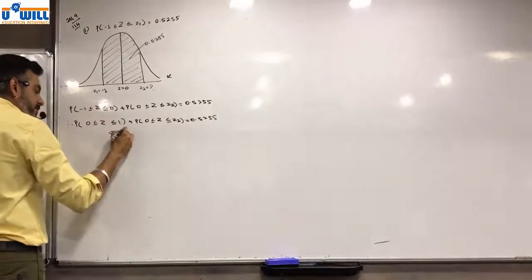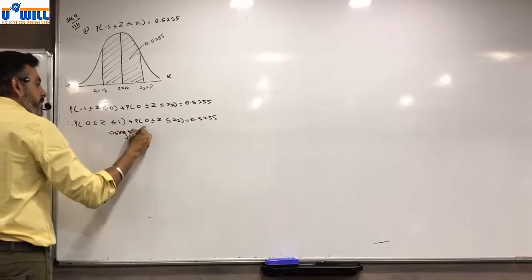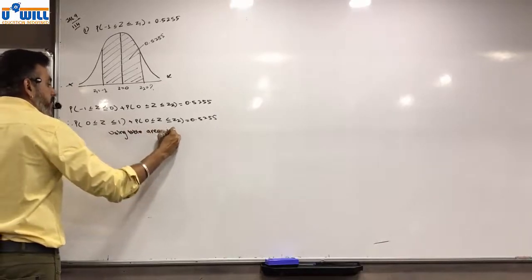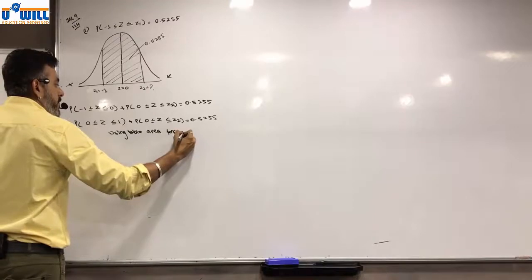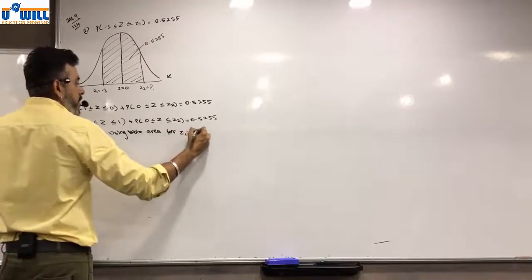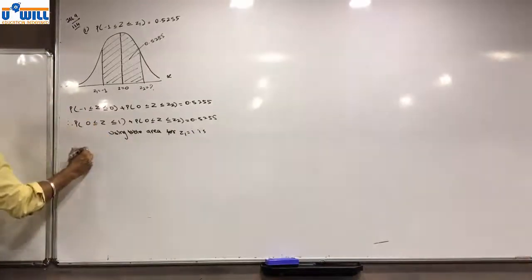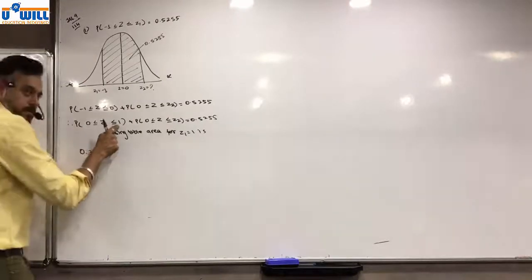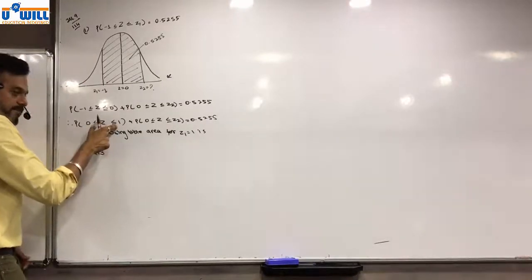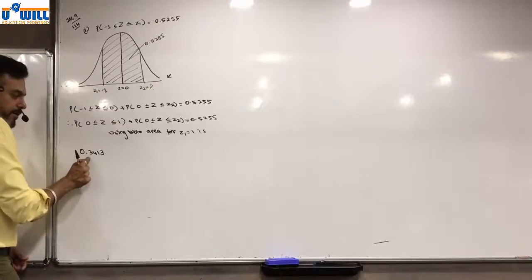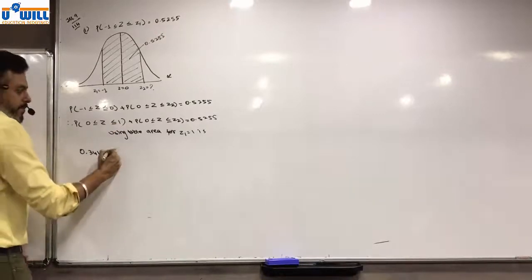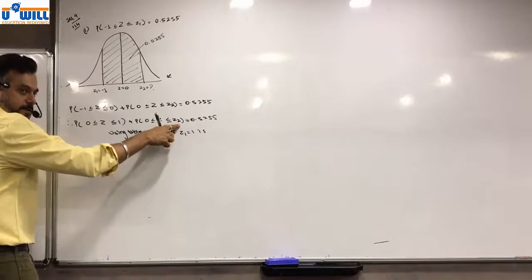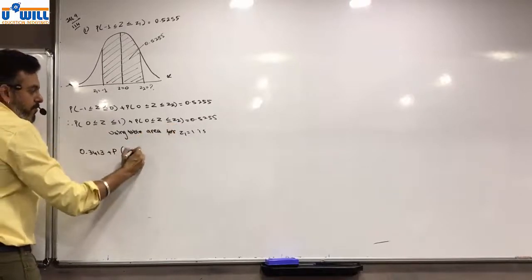Using table, area for Z1 is equal to 1 is 0.3413. This is 1. So 0 to 1. We see the table. It is 0.3413 plus this remains as it is because this is Z2. We have to find the value.